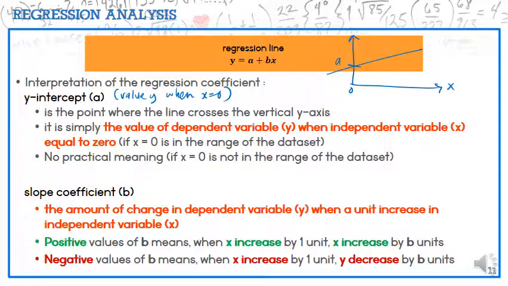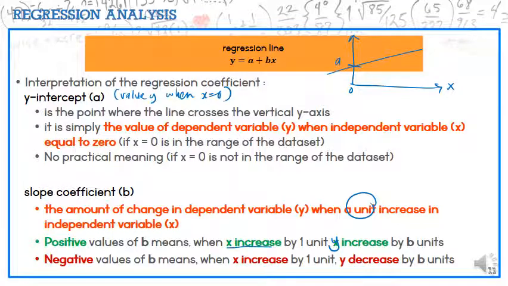B is your slope coefficient. So B is actually the amount of change in your dependent variable y when a unit increase in your independent variable x. Positive value of B means when x increase by 1 unit, y will increase by b units.